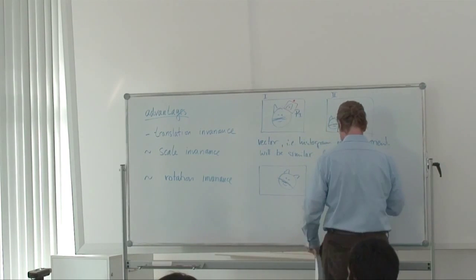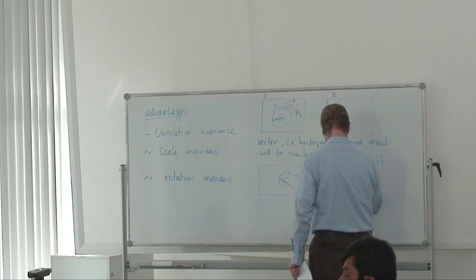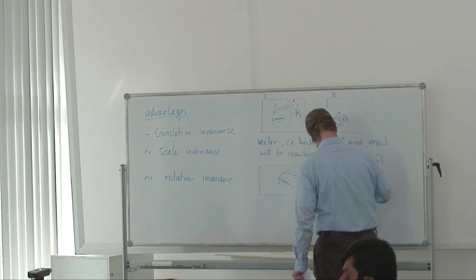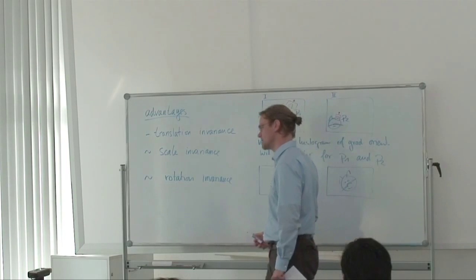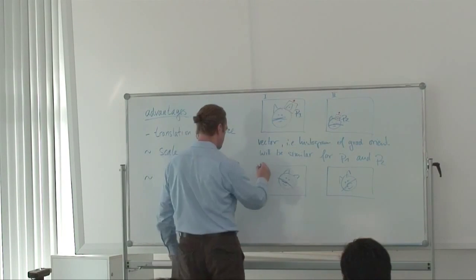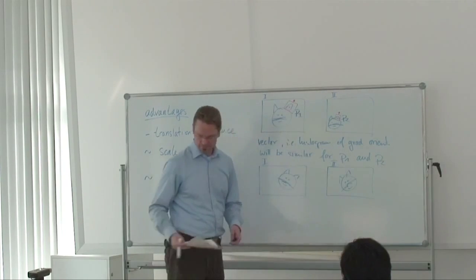One image looks like this, and the other image looks like so. So the cat has its head tilted to the left and to the right in these two situations. So it says 1 and 2.